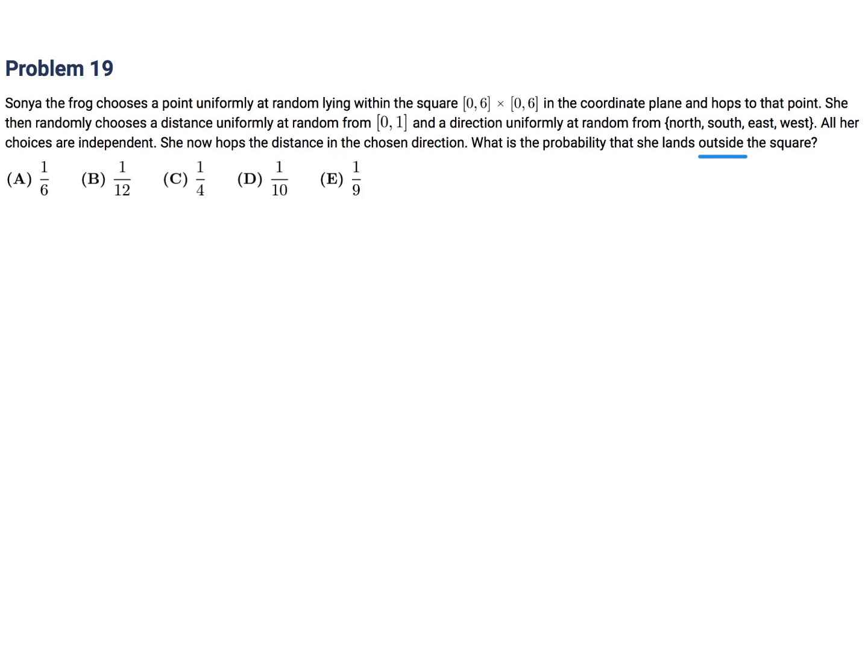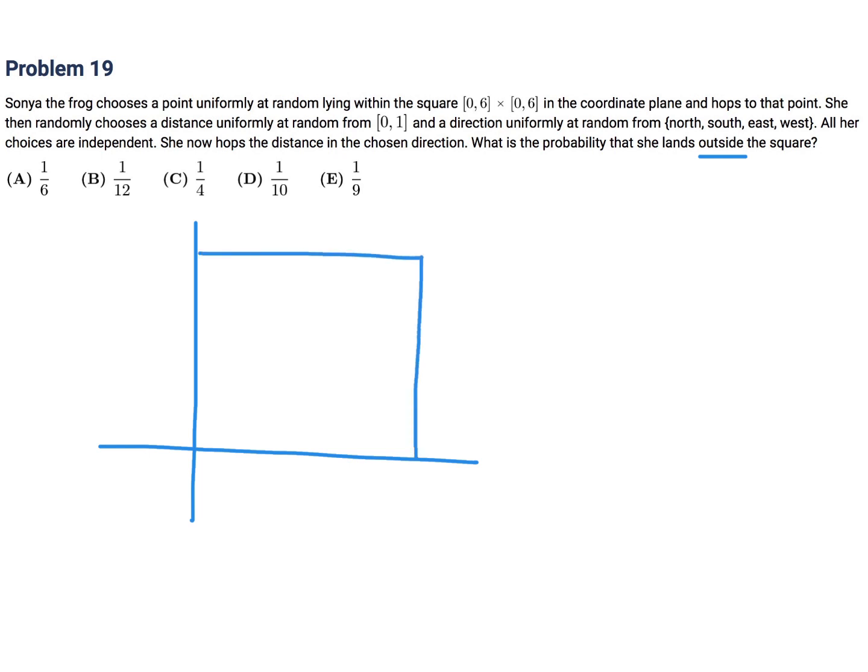Let's make a coordinate grid and see what we can do here. So it's a 6 by 6, right? So it's like this. And each jump is anywhere from distance 0 to 1. So the maximum distance is 1. So if she is 1 away from the square's boundaries, she won't be able to hop outside of it.